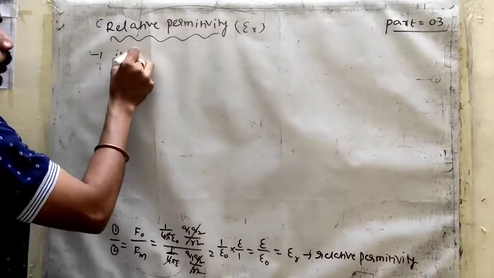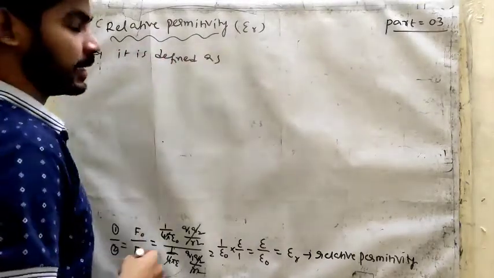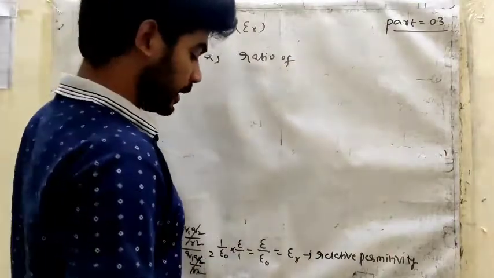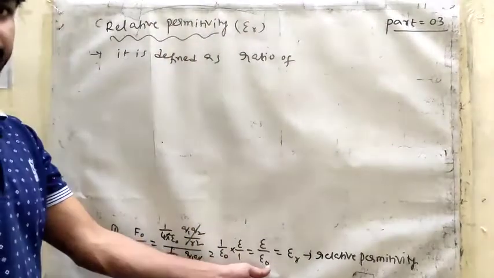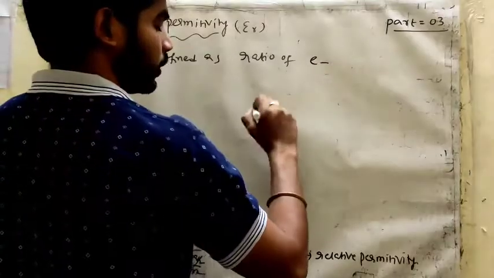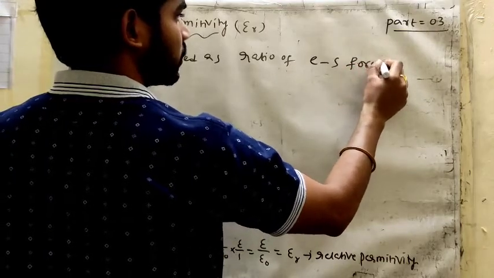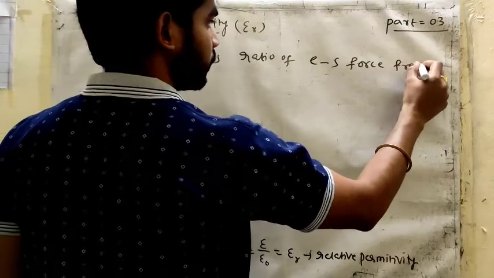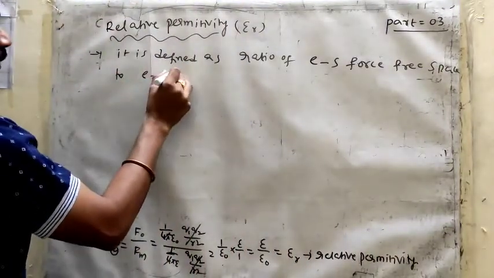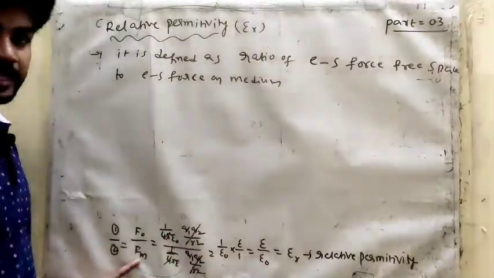Relative permittivity is defined as the ratio of the electrostatic force in free space to the electrostatic force in medium. F_m means medium.